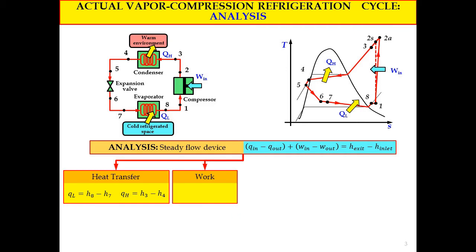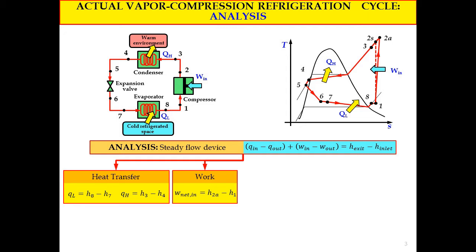Okay, now for the work formula, where we have only one work, which is W in, the work required by the compressor. So W net in equal to H2A minus H1. Okay, so the general formula is H2 minus H1, but now because we consider the actual vapor compression refrigeration cycle, we need to consider H2A, where W net in equal to H2A minus H1.